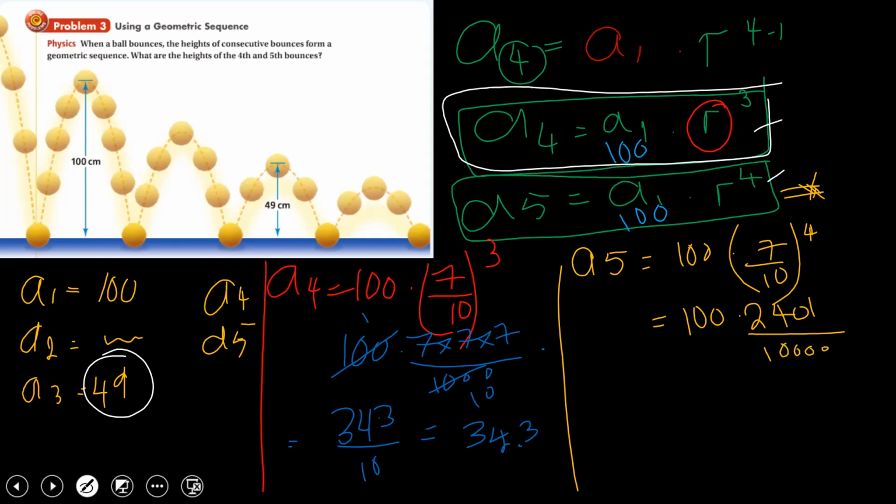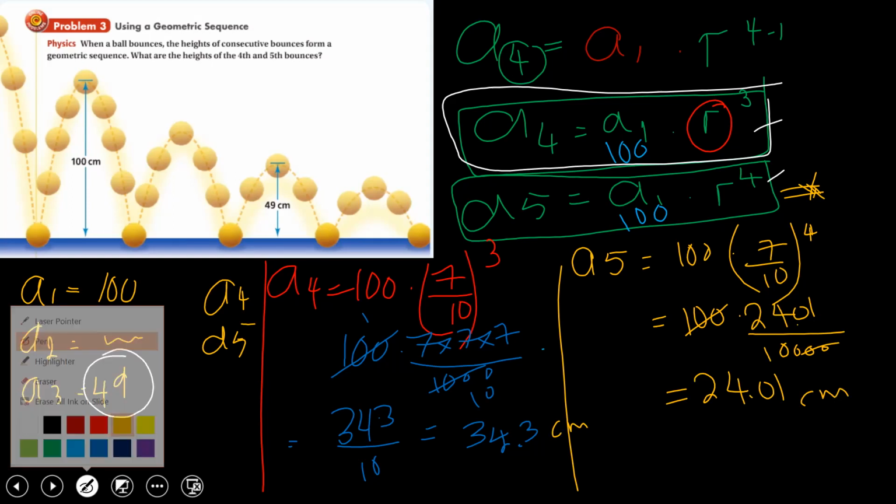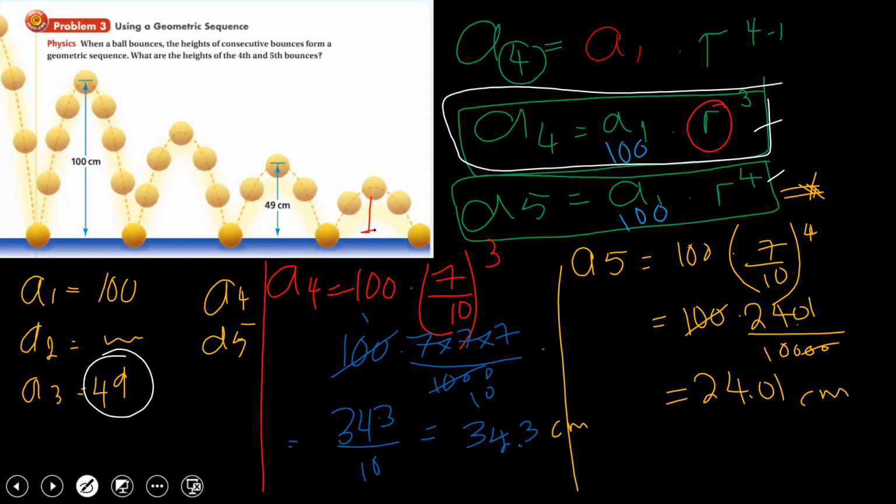That means we have 4 zeros. Then after dividing, it will be 24.01 centimeters. This is a sub 5, and a sub 4 is 34.3.